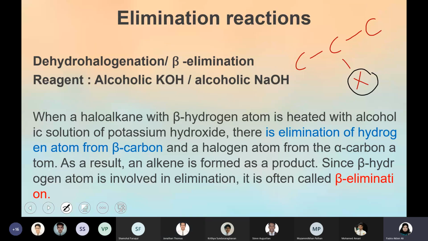Whatever your functional group is, in this case halogen, the carbon in which the functional group is attached is the alpha carbon, and the carbon next to the alpha carbon will be beta. You can have one or two beta carbons. If the halogen is on the nth carbon, then there will be only one beta carbon.